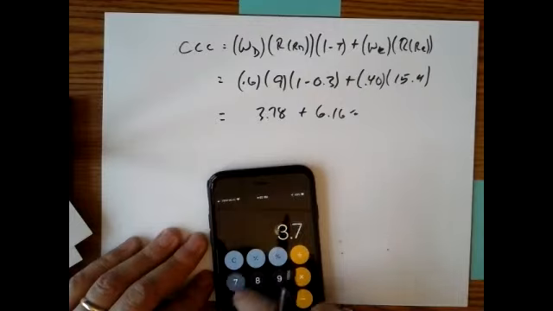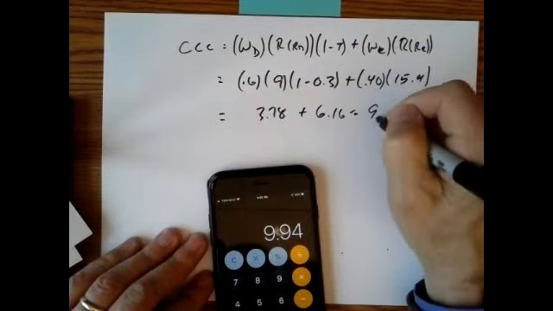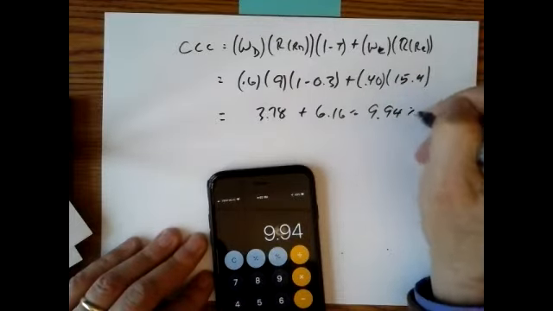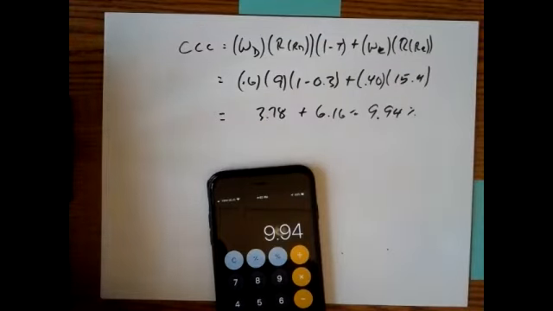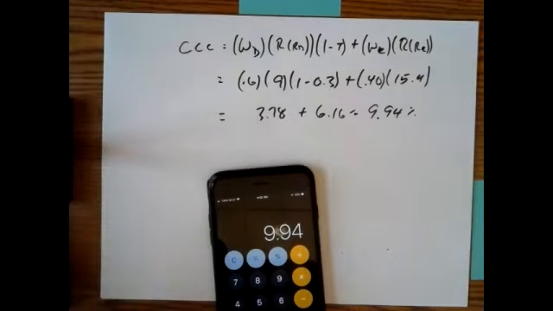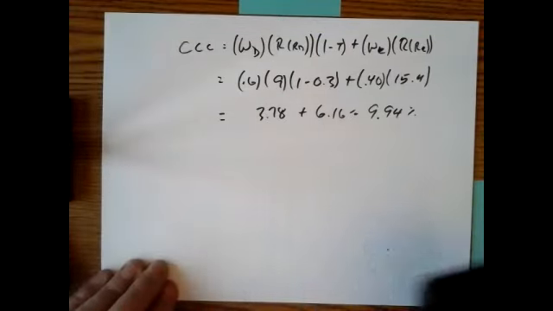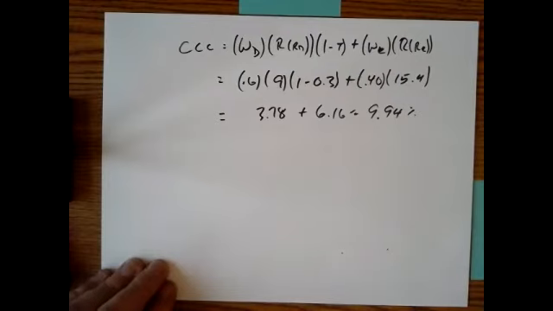So plus 3.78 gives us 9.94%. Just double check that. Yeah. So 9.9, your book's giving you 9.9, close enough. So that is part D.